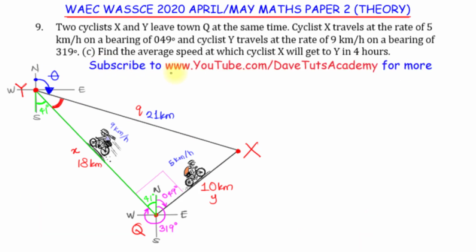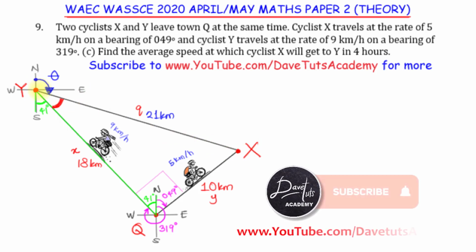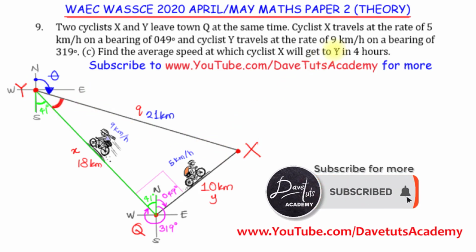All right. So here in our final question, we are asked to find the average speed at which cyclist X will get to Y in 4 hours. So when X got to here and Y is here, Y will be stationary, and then X wants to move from this particular point to Y at this point. So we have to find the speed which it needs to travel at to get to Y, but in 4 hours.